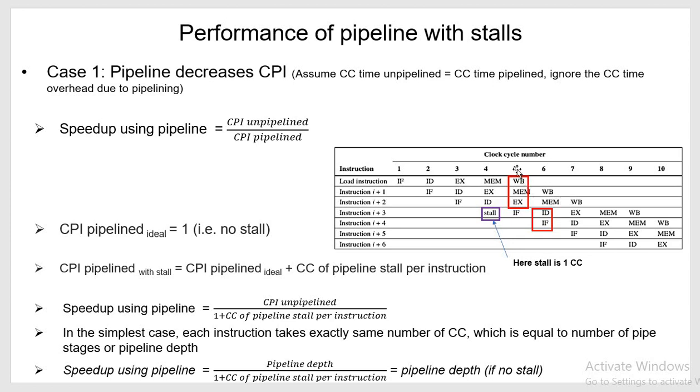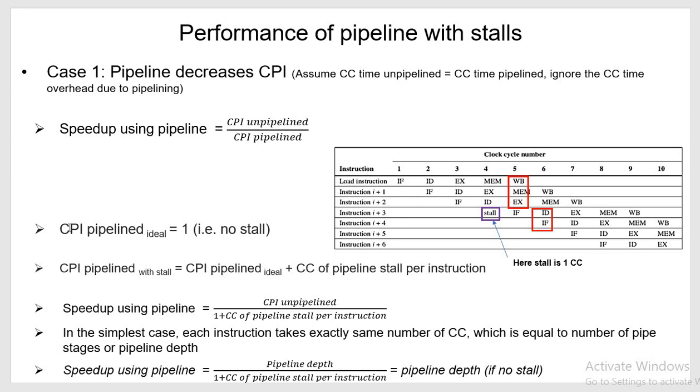So even after the completion of 5 cycles, instruction I is completed. After 6, I plus 1 is completed. After 7, I plus 2 is completed. Then I plus 3 is completed, and the process goes on.